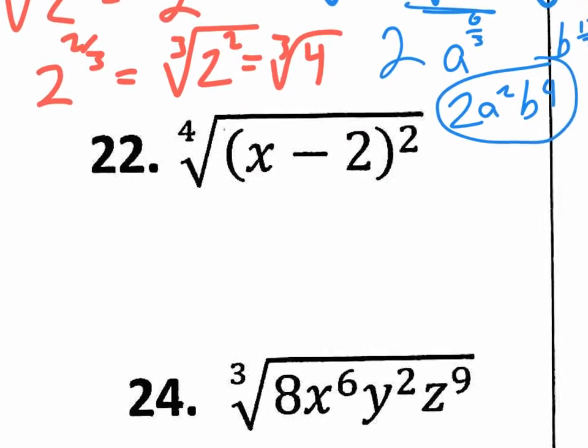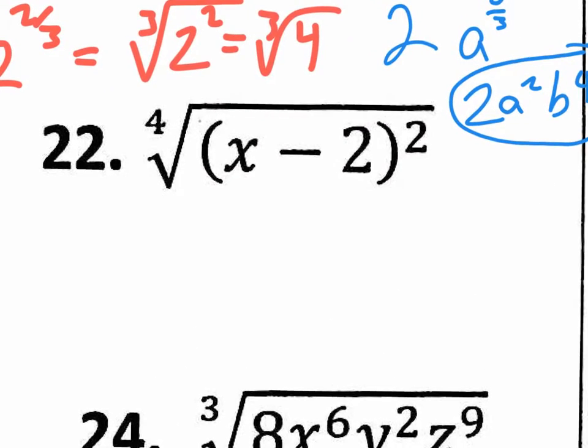How about number 22 here? How could I rewrite that as a rational exponent? Parenthesis x minus 2 to what power? It always has a power over the root.